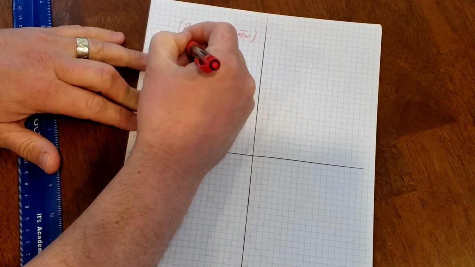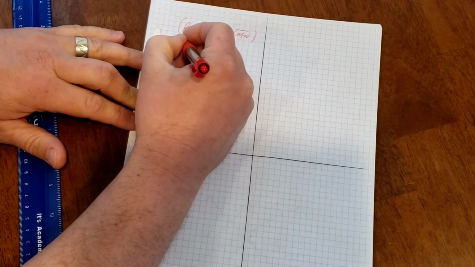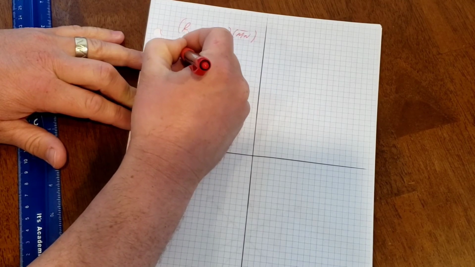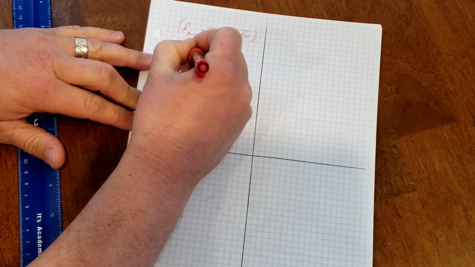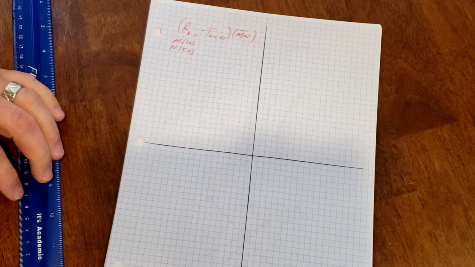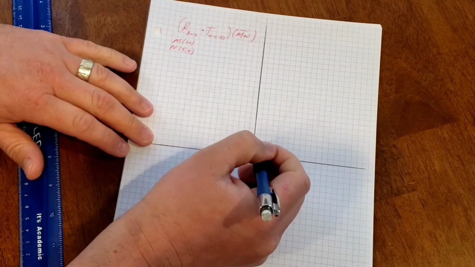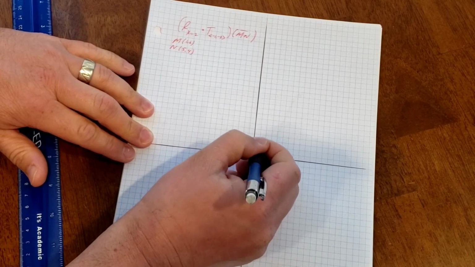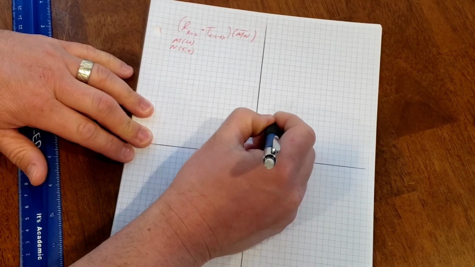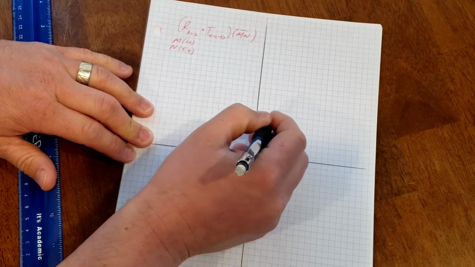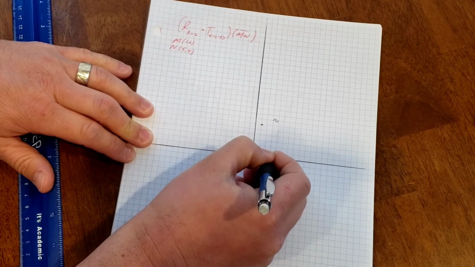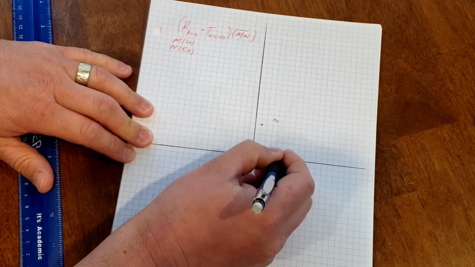Let's take M as 1, 6 and N as 5, 4. So M at 1, 6 and N at 5, 4.